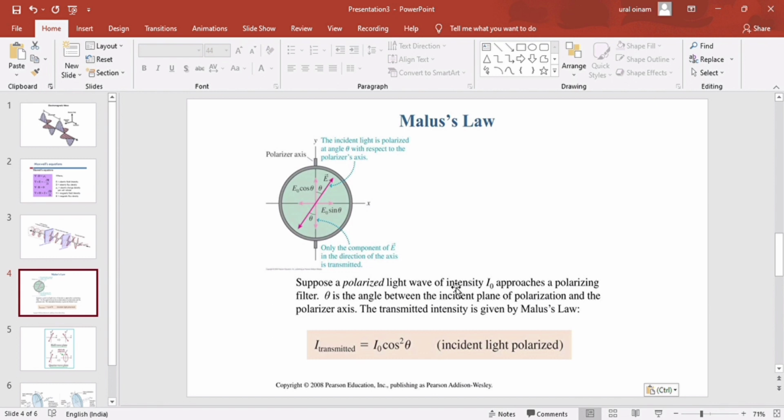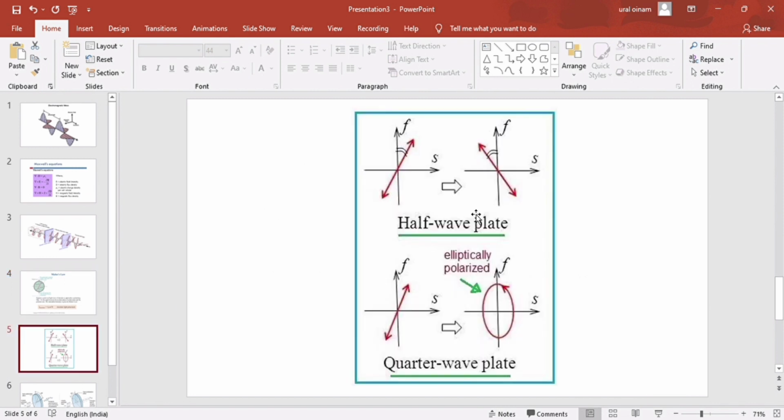After this, we'll move on to the half wave plate and the quarter wave plate, which are also known as retarders. First we'll go to the half wave plate. So what is a half wave plate? A half wave plate is an optical device that introduces a phase difference of 180 degrees between the two orthogonal polarization components of the incident light.